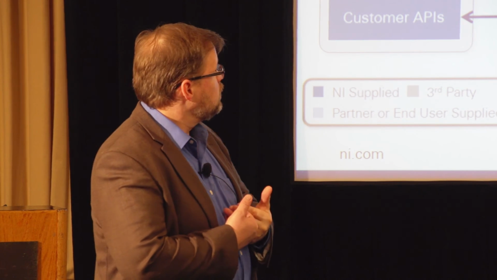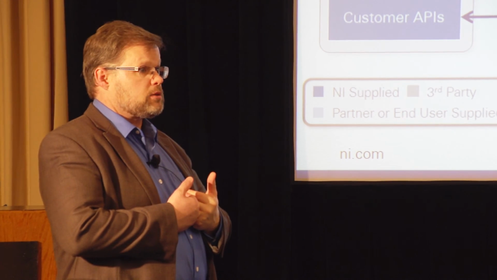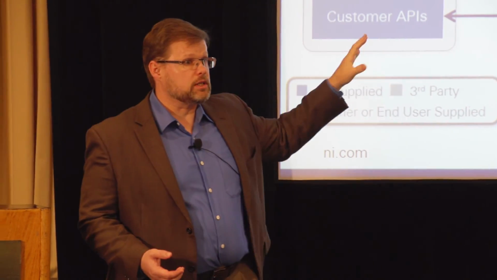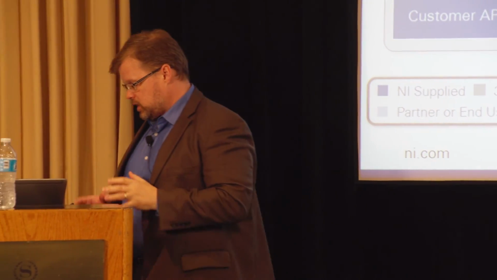And that's how we handle the systems management challenge. And this is relatively new stuff for us. Our first implementation is more condition monitoring focused, but now we're broadening that more and more.